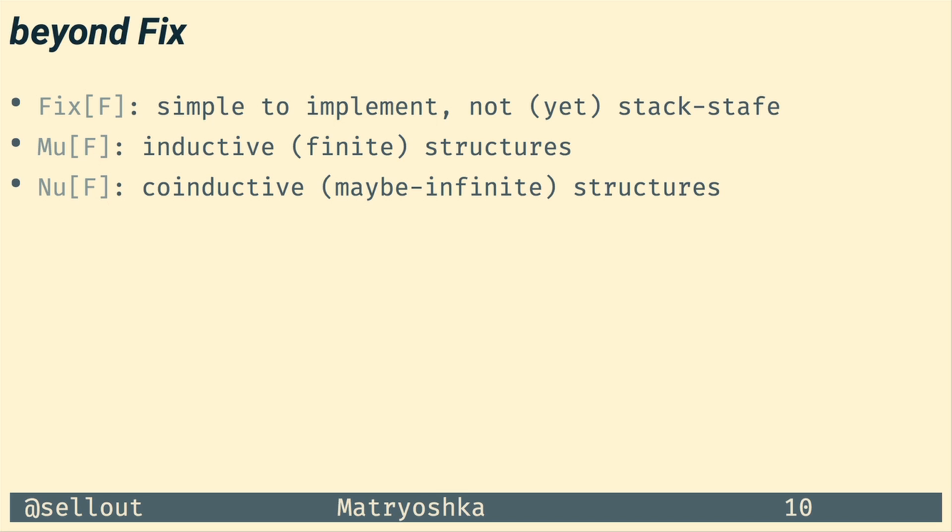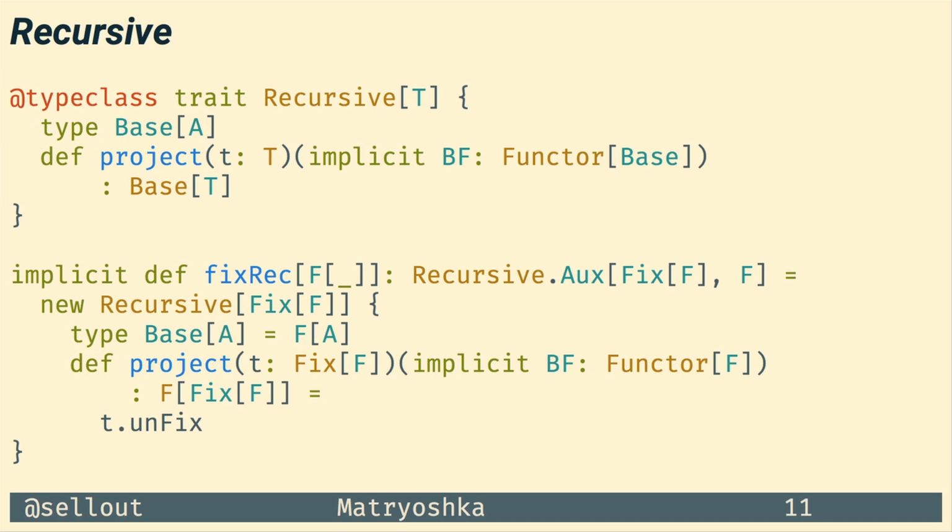So finite structures like a list, and then Nu would model potentially infinite structures like a stream. Depending on which of these you use, you have different performance and behavioral properties. But you can put them all in the same position. You could have Fix of Expr, Mu of Expr, Nu of Expr, and it does change some ways in how they behave in recursive situations, but they all represent a recursive structure of Expr in that case.